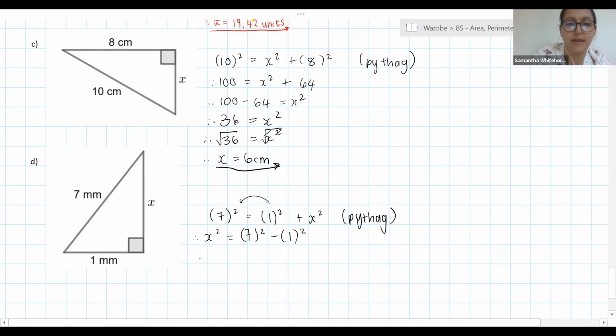Yes. Okay, cool. Then it'll be 48. Good. So x squared is equal to 48. And then what do I need to do? Square root it. Exactly. So I'm going to square root x squared and I'm going to square root 48. And then what do we get?